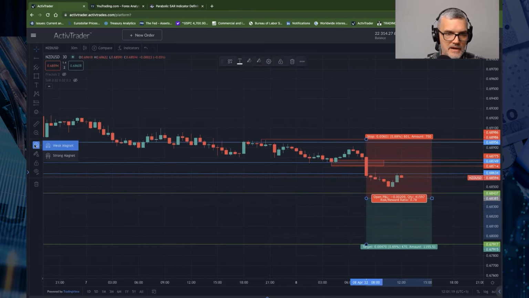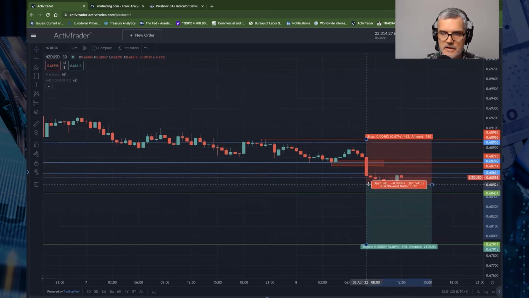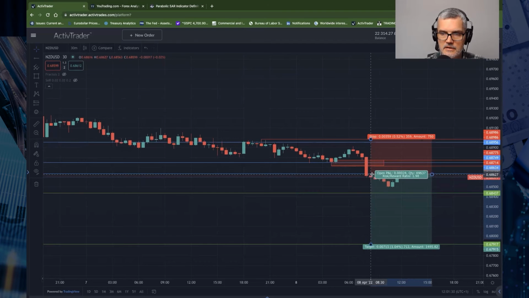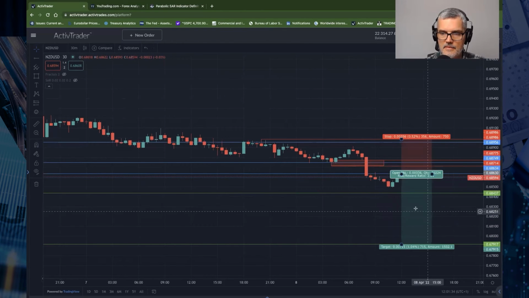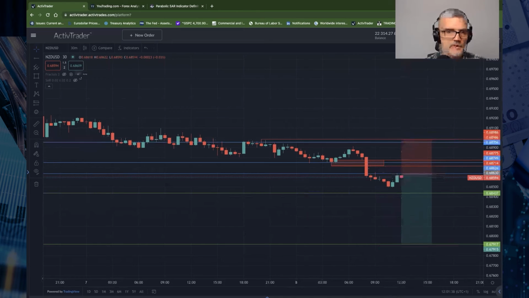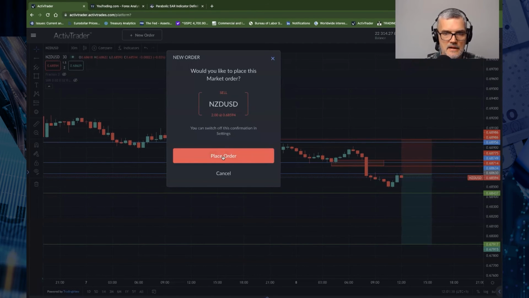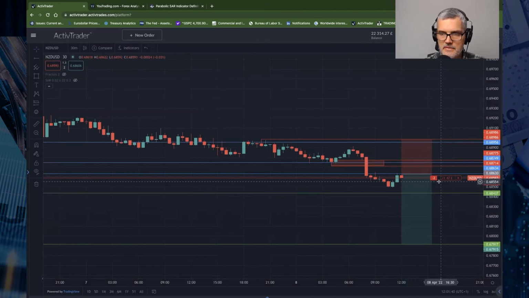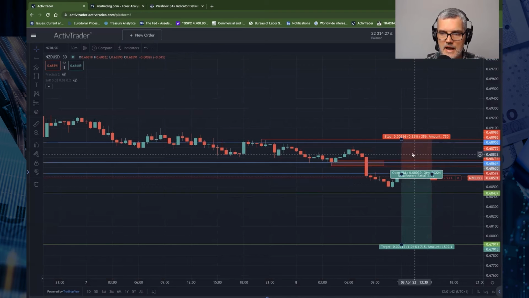So if I just turn the magnet off, I'm looking for this risk reward ratio to turn to 2 now. So that's here. So essentially, if I was to get short now, let's just do it.